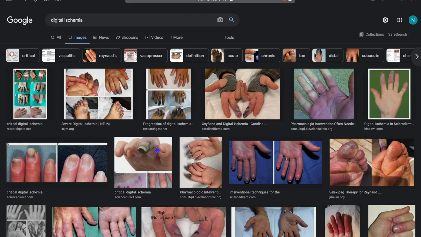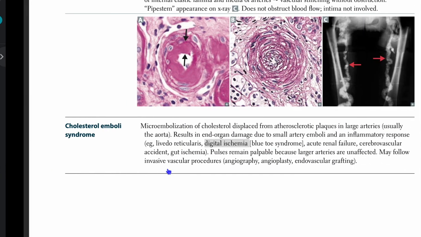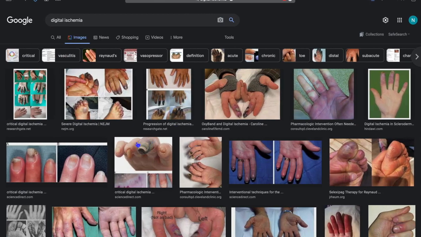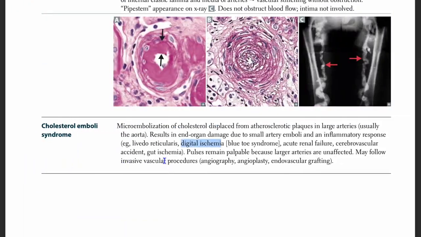And like I said, the first thing you're gonna think of is thrombus or embolism, right? When you get an extremity gangrene or necrosis. So if it's by itself in the initial stages, and they tell you they did a Doppler and they didn't find any thrombus, what's it gonna be?